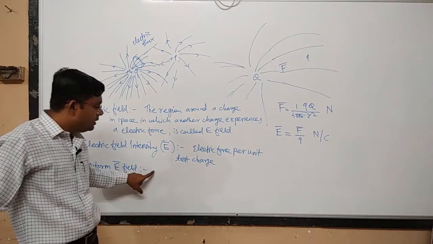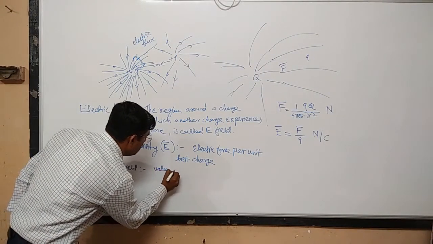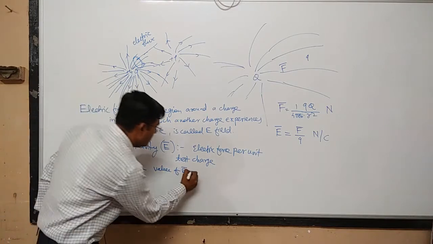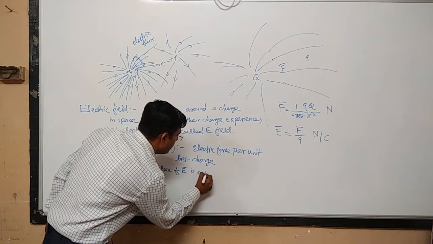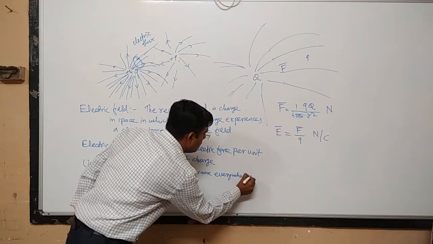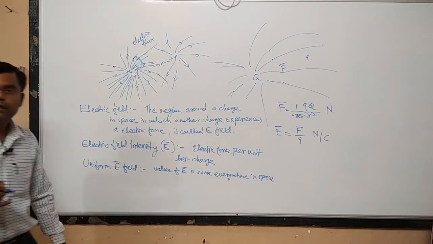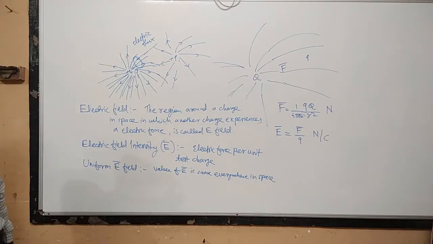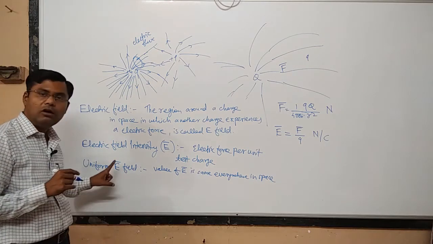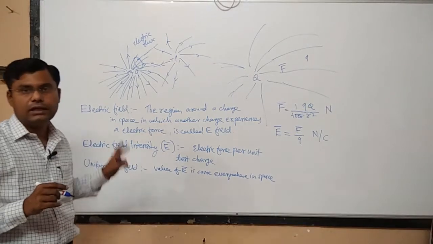If the value of E, the electric field intensity, is the same everywhere in space, then that particular electric field is called a uniform electric field, or constant uniform electric field, or stationary electric field.